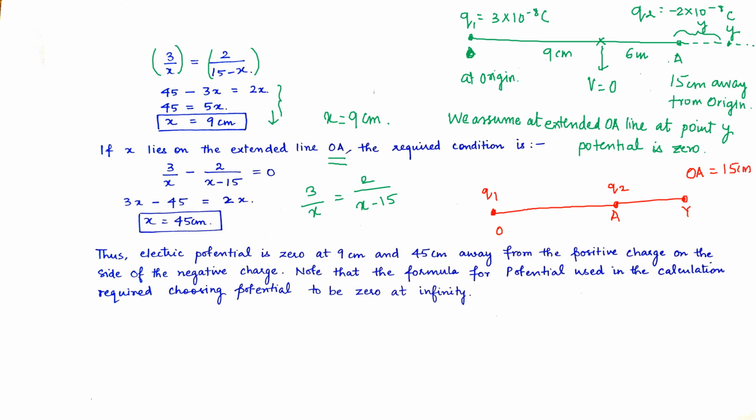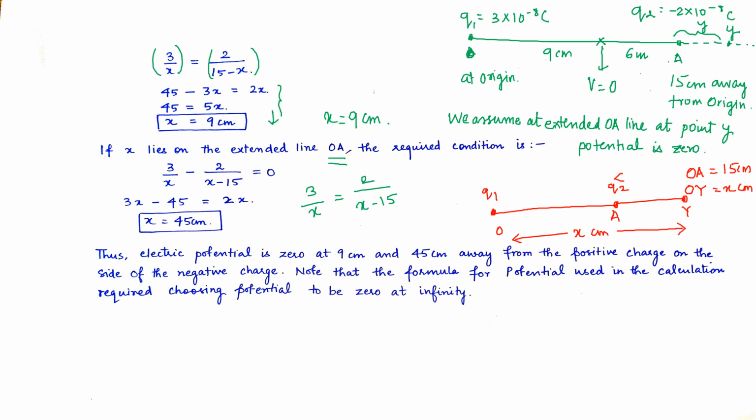So, what is the value of OY? Do we know that? No, we do not know the value of OY. OY we have to assume. So, let us assume OY is x centimeter.